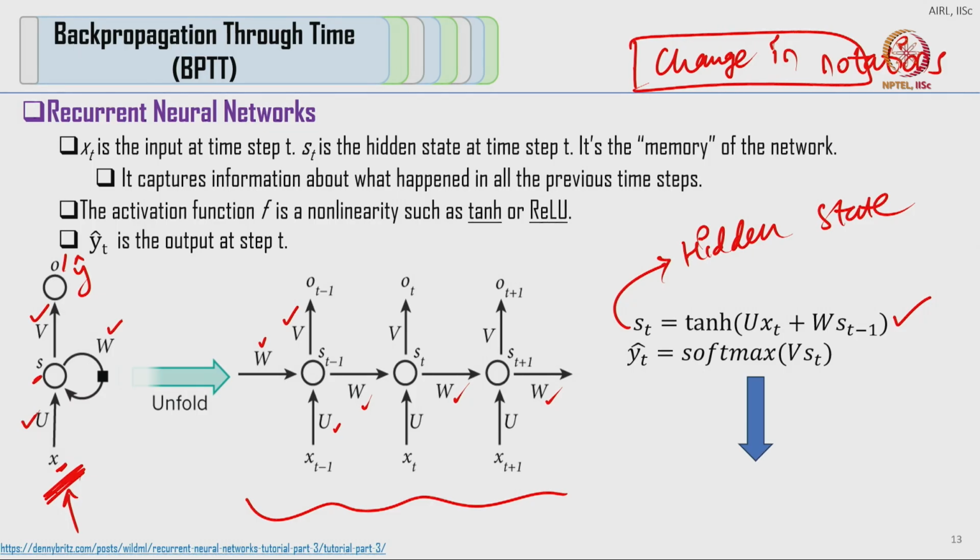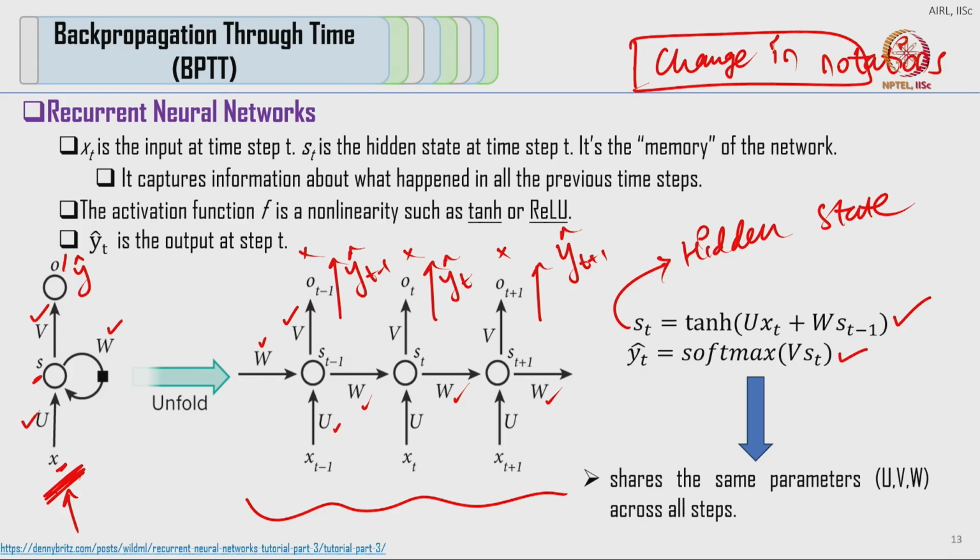We can write the output prediction yt cap as softmax of V into St. Now each timestamp would have its dedicated output prediction, and for each of these output predictions we can compute the loss because we have the ground truth for each of the timestamps.